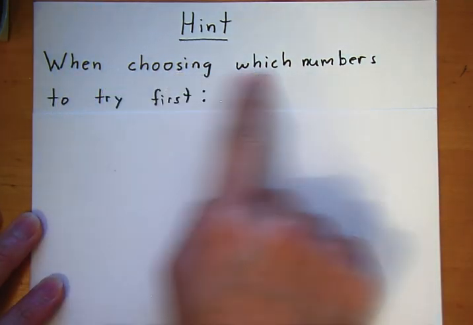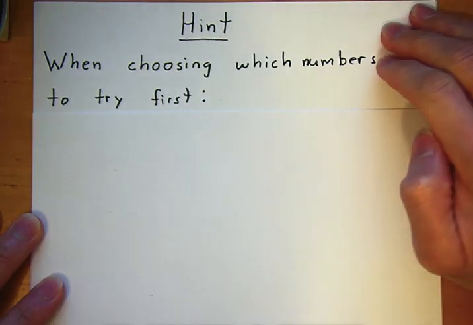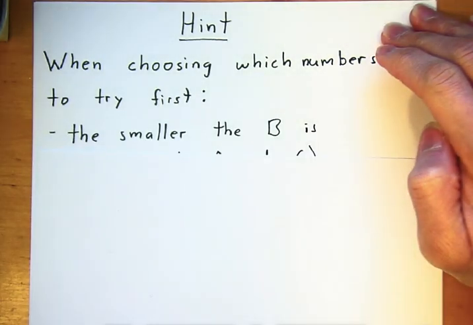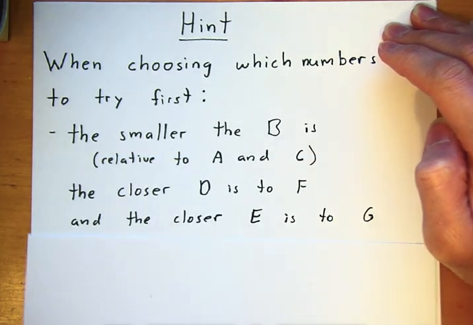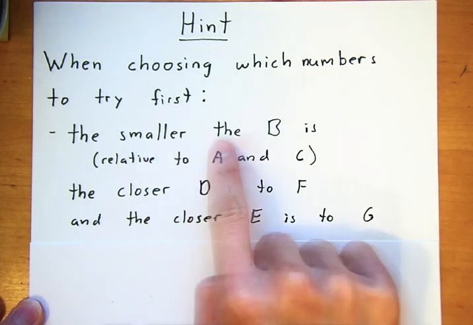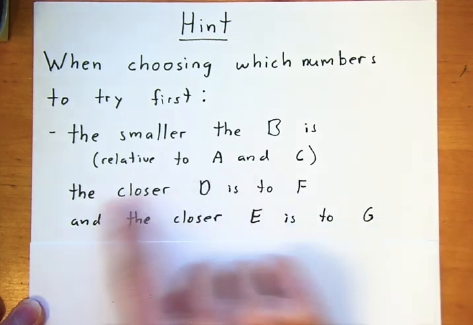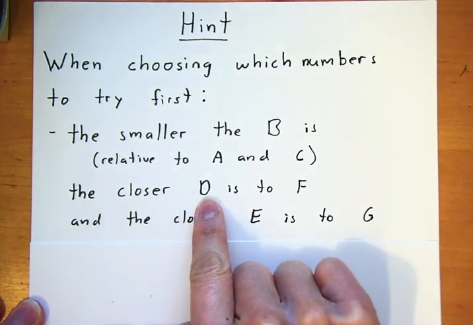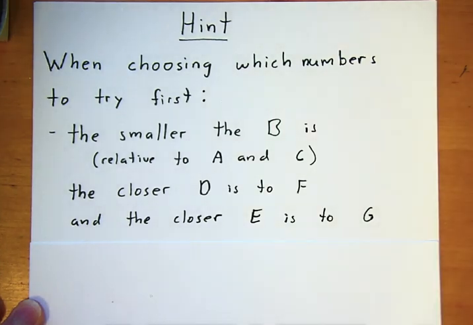When you're choosing which numbers to try first, you're going to look at that middle b. So the smaller the b is relative to a and c, the closer your d is to f, your e is to g. What do I mean by that?